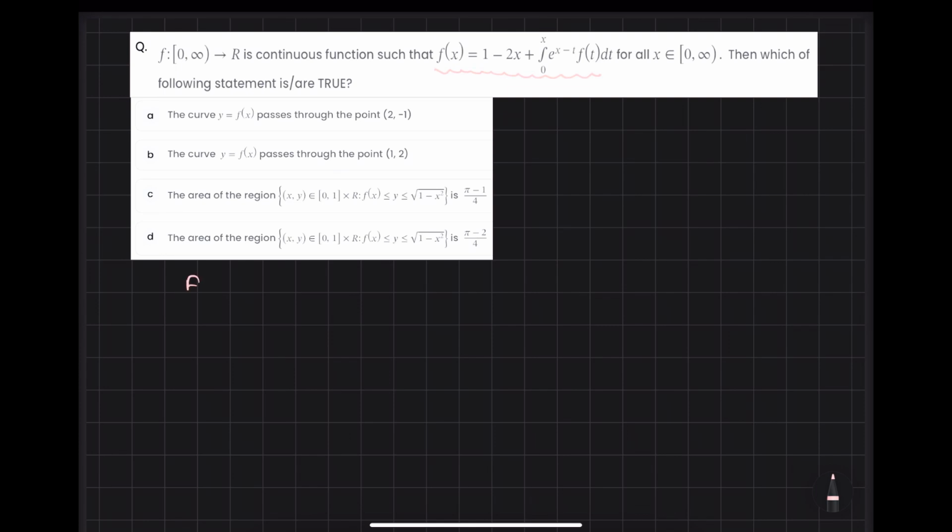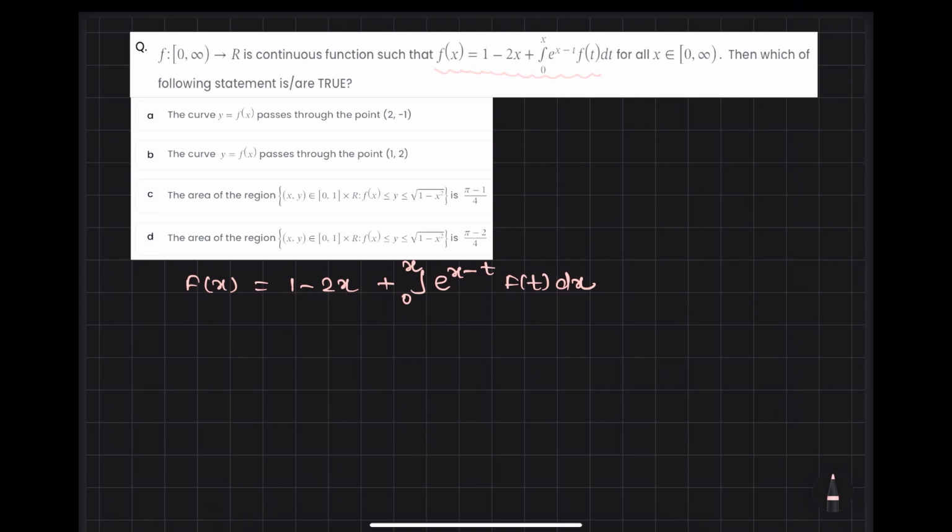Look here: f of x equals 1 minus 2x plus the integration from 0 to x of e power x minus t f of x f of t dt. So first we have to extract f of x, then only we can respond.